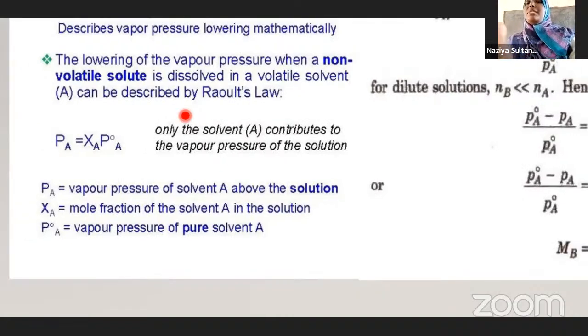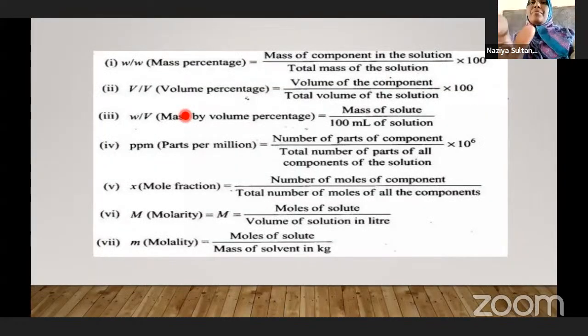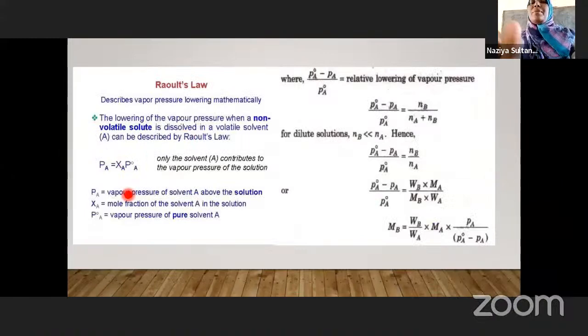Here PA is nothing but the vapor pressure of the solvent in the solution, and P naught A is the vapor pressure of the pure solvent.